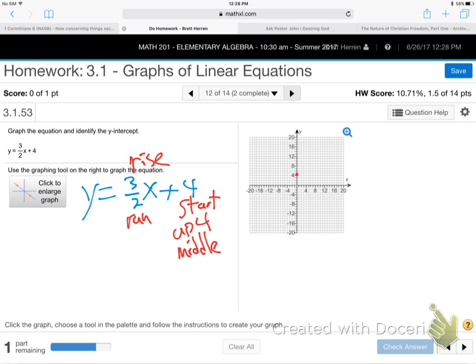In fact, that's too small for me there. I'm going to just do it right here. So up 4, 1, 2, 3, 4. And then go up 3, 1, 2, 3, over 1, 2. Up 3 over 2. Connect the two dots. There we go. All is well. Easy graphing. It's number 12.